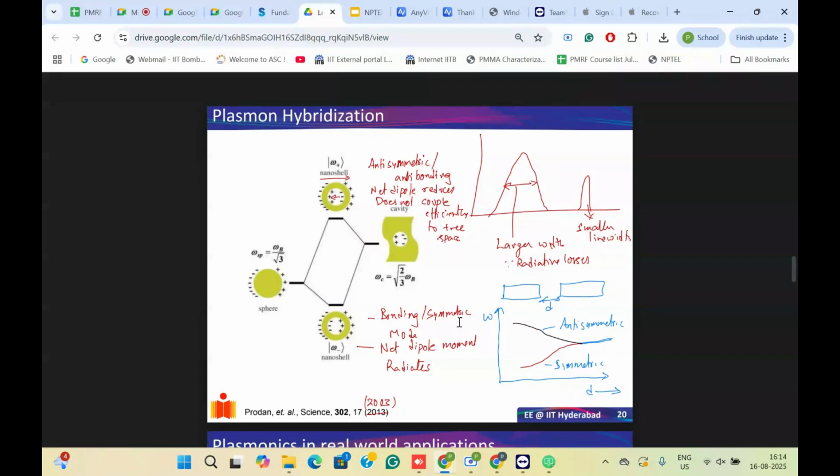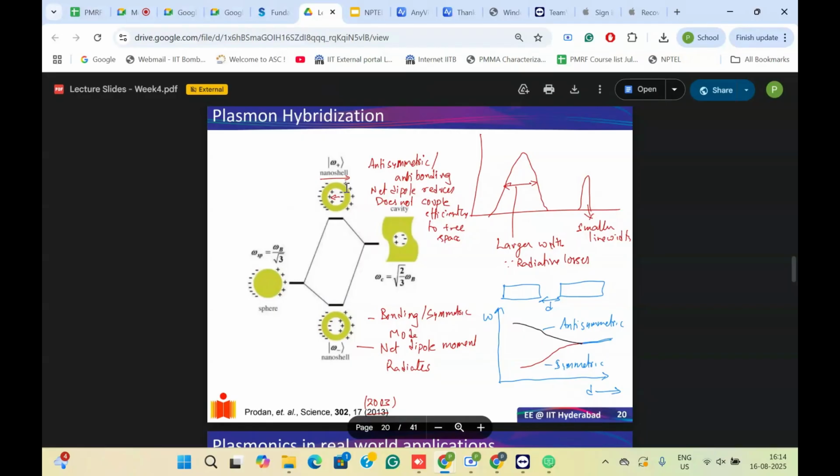One is the bonding or symmetric mode, and the other one is the anti-symmetric or anti-bonding mode. The symmetric will have lesser energy, and you can see that here there is a generation of positive, negative, negative, positive. So there is a large net dipole moment. If there is a large net dipole moment, then there will be more radiation. So the radiative losses are very large, so it has a larger width with the radiative losses.